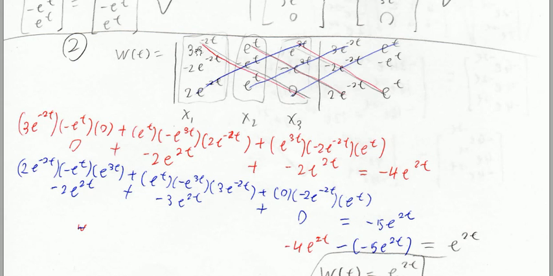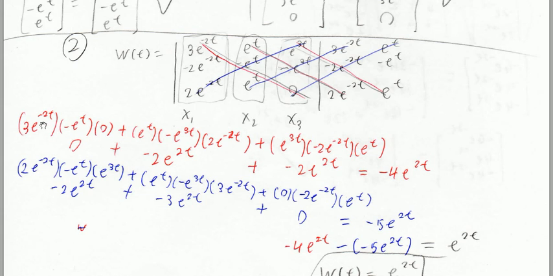So what we do is we find the product for each line. So 3 times e to the negative 2t times negative e to the t times 0. And then we find the sum of the products for all of that.